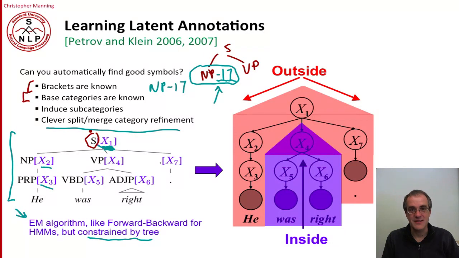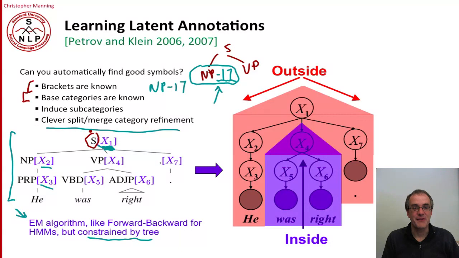Let's take each of those and split them into two. And so we have 4 S subcategories. And then maybe at that point you discover that one of those splits was useful and the other one wasn't. So you just get rid of the other one again and go back to 3 S subcategories. And you'd repeat that over a number of times. And so you'd progressively split and merge the subcategories and come out with a good number of sets of different categories.